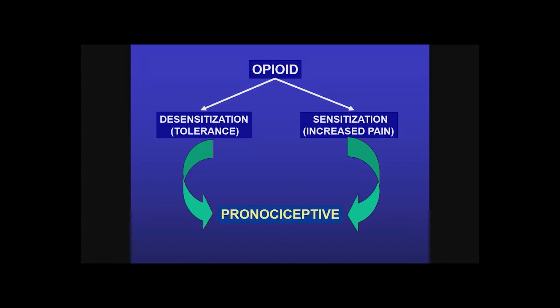I'll give you some data for human studies as well. The point is that both desensitization, the reduced efficacy of opioid analgesics, and actively sensitizing the central nervous system response to nociception, both become pro-nociceptive processes.